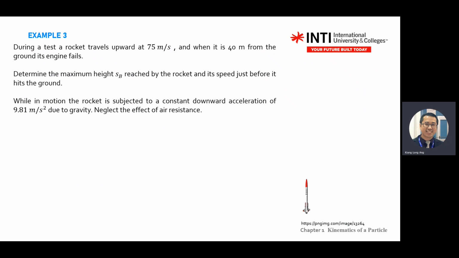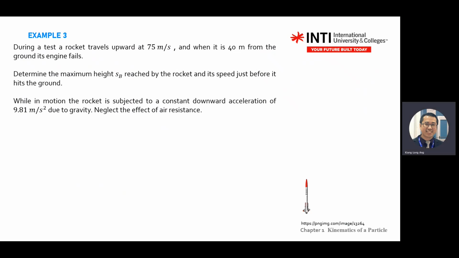When in motion, subject to constant downward acceleration, it gives you one keyword there. Your acceleration is constant. It means you can use the equations of motion. Of course, you get the same answer if you use the other side of the equation. Ignore drag resistance.